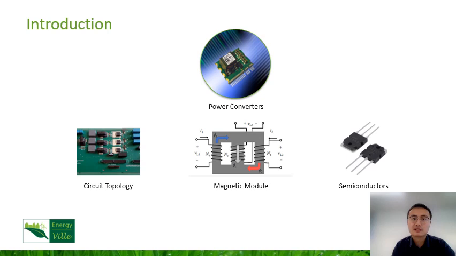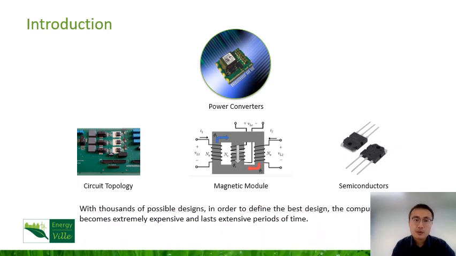All those factors make design itself a complex activity, because combining each possible design of magnetics and each choice of components can result in a large amount of possible designs. With thousands of possible designs, in order to define the optimal one, the computation becomes extremely expensive and also time-consuming.